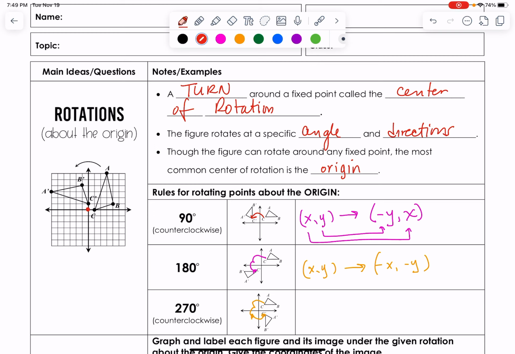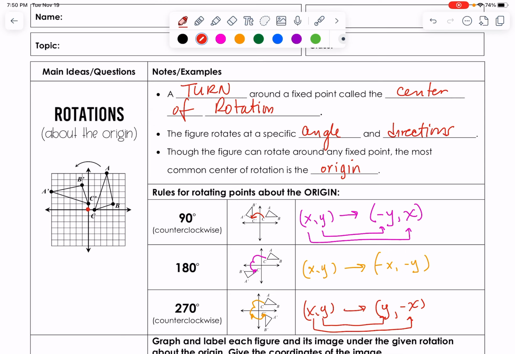So x, y, again, that's how it always starts, becomes y, negative x. So again, notice that the y changes positions, and so does the x, and the x changes signs this time.